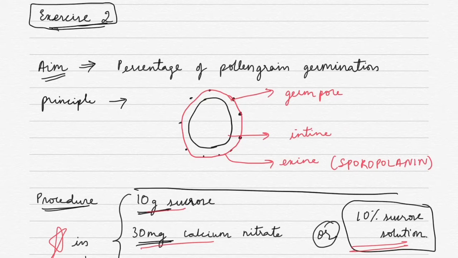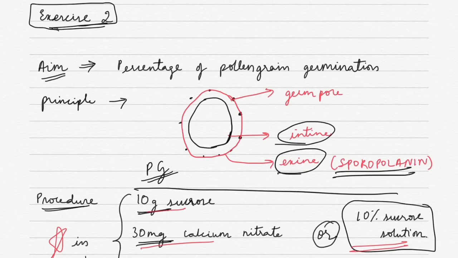I am going to explain the principle of it again. This is the schematic representation of a pollen grain. It has two layers. The inside one is called intine and the external one is called exine. The exine has sporopollenin, the most resistant organic substance ever known, so it cannot be degraded.